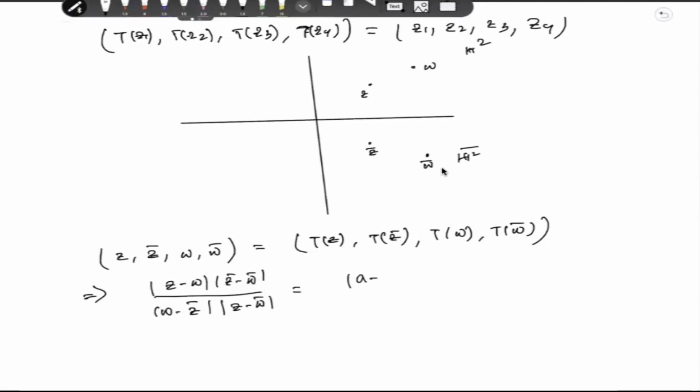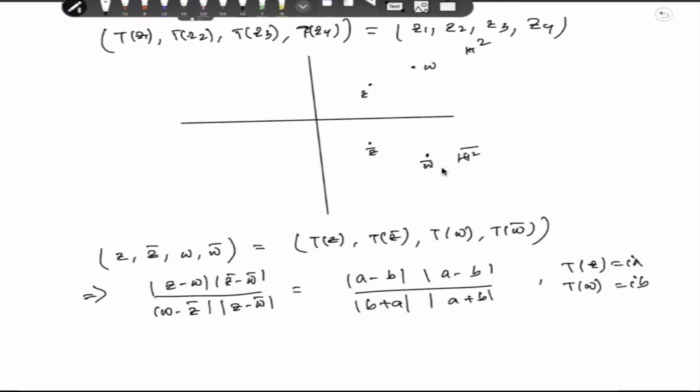mod of A minus B times mod of A minus B divided by mod of B plus A times mod of B plus A. Note here that T of Z is equal to iA, T of W is equal to iB. After taking mod, since mod of i is 1, we have this right hand side.